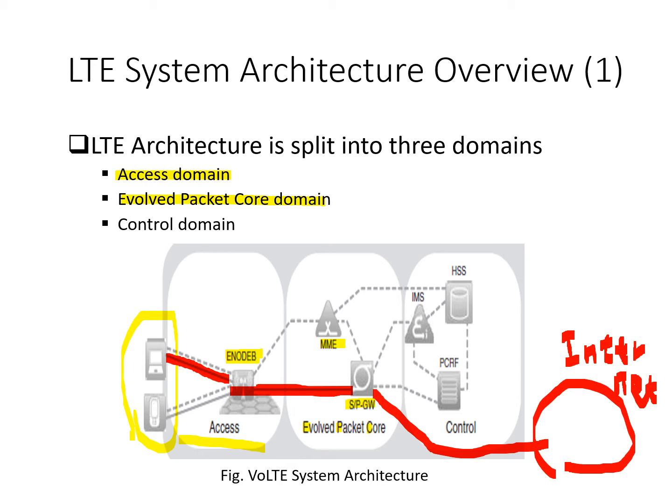This dotted line means the control signal travels like this. So MME is the central part to control signal messages.